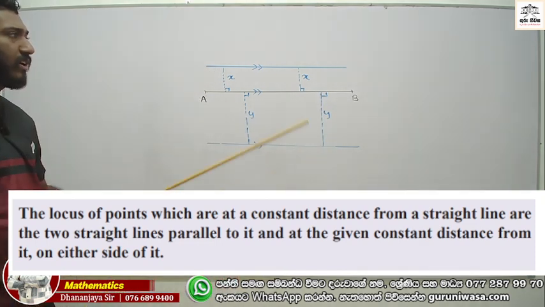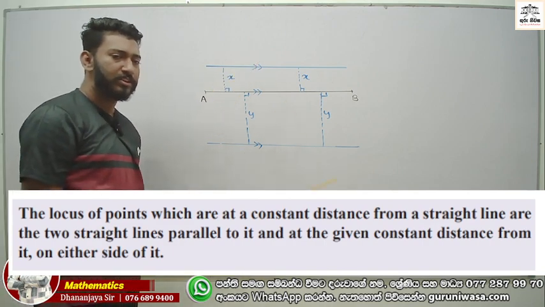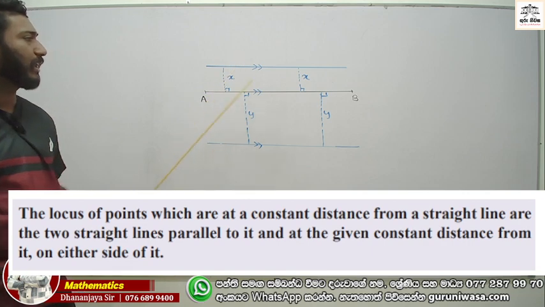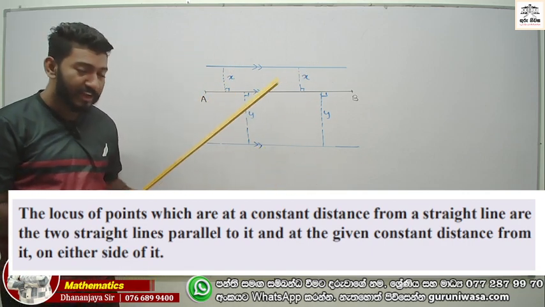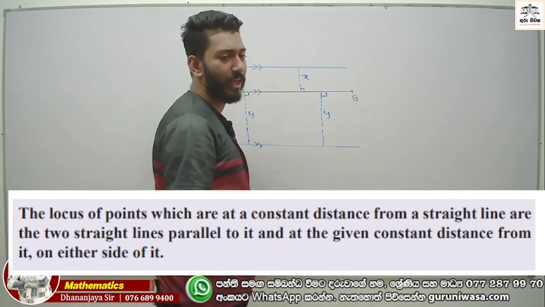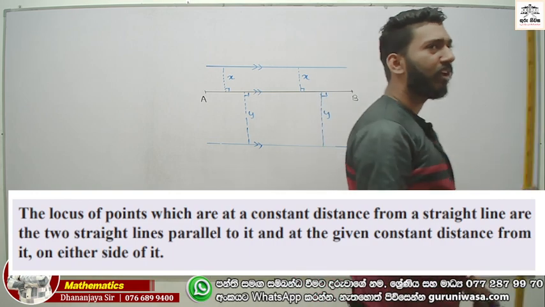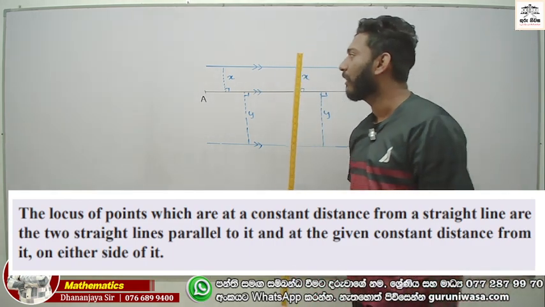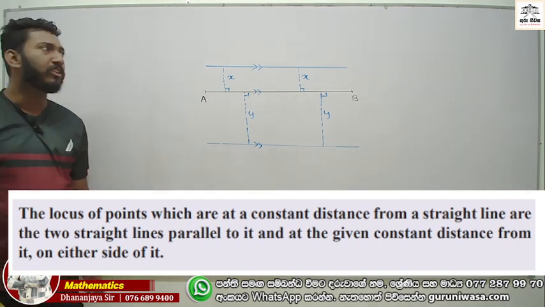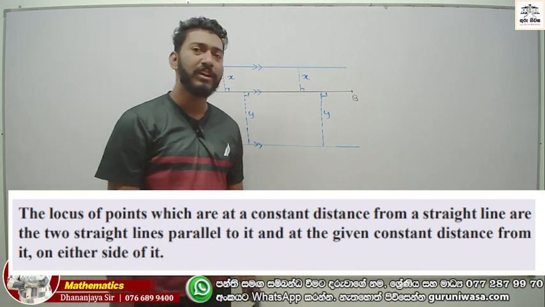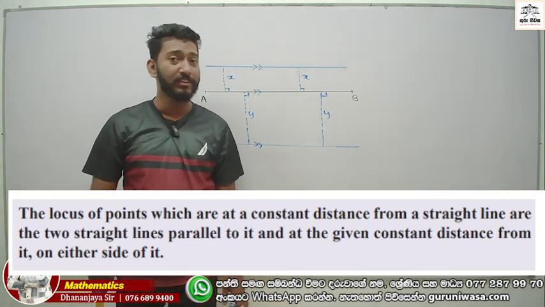The points that lie on these straight lines should be the same distance. And put this as a straight line, parallel lines, right? You have to note down this dot and draw this one. And we are going to discuss how to draw the parallel lines and how to draw the perpendicular bisectors.